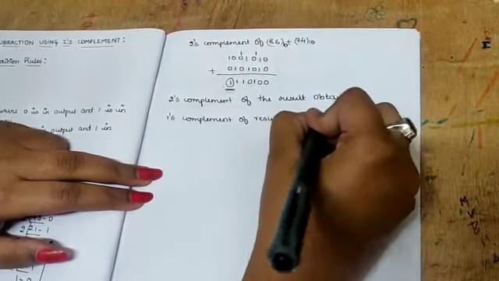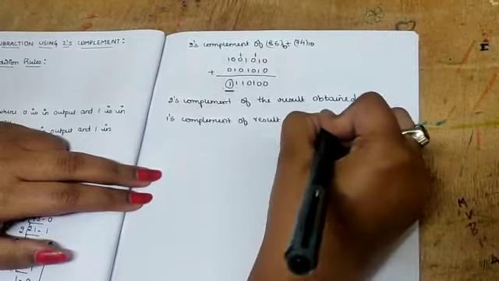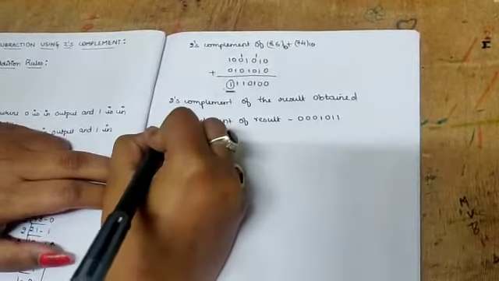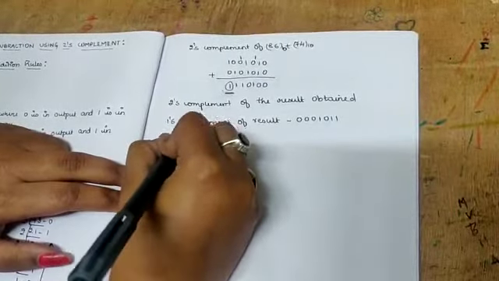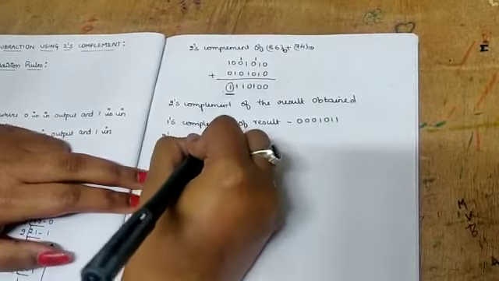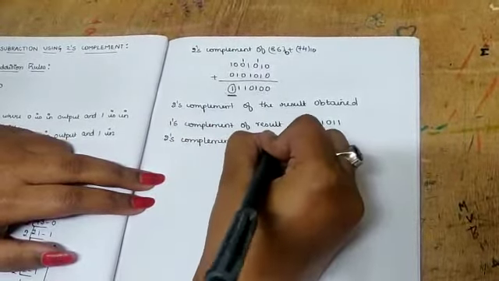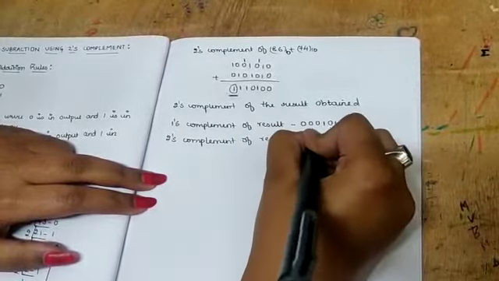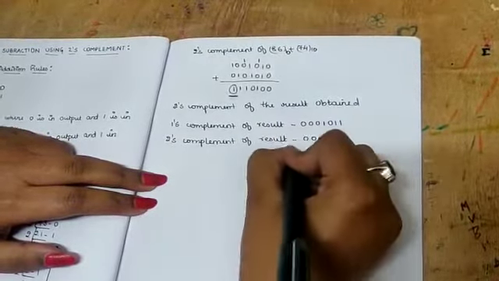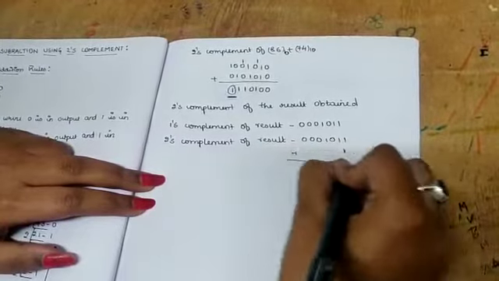So 0001011. Now we have to add 1 to 1's complement to get 2's complement. So 2's complement of result is 0001011 plus 1.